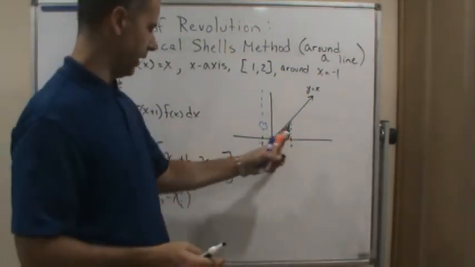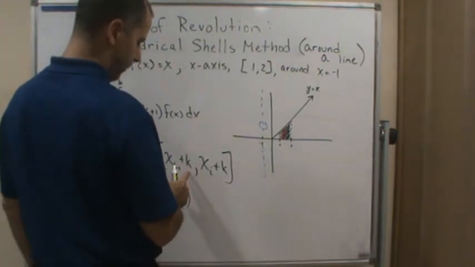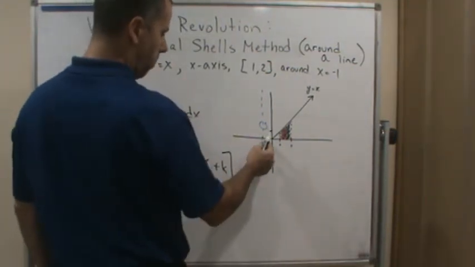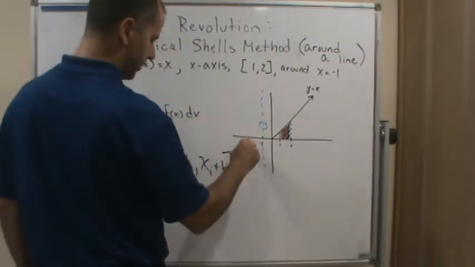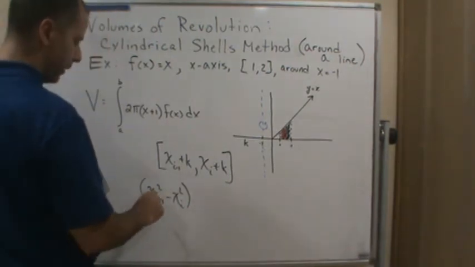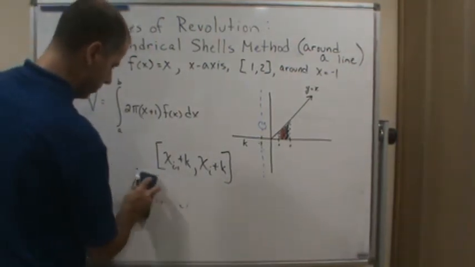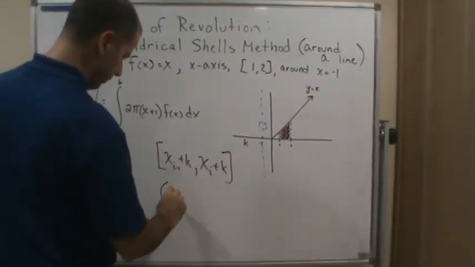In this case, we're talking about a positive k value, because we're going out to some k value here. And so now it's going to be this.